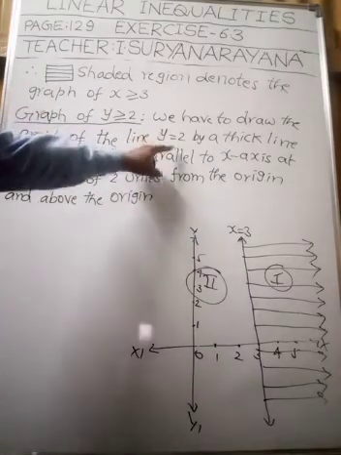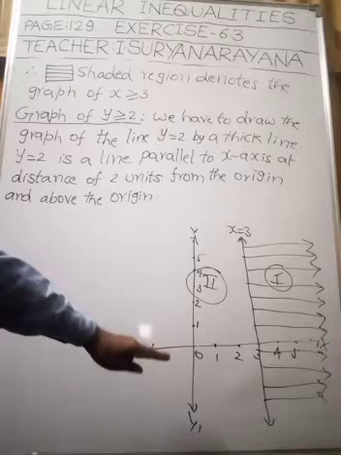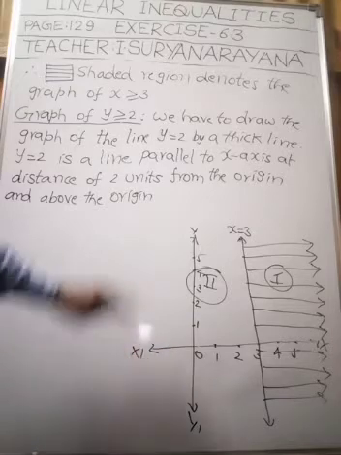No need to take the points. If y is equal to -2, then we draw it below the origin. Okay, my children, understood this point.